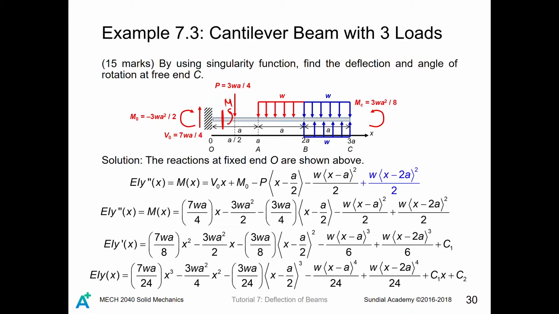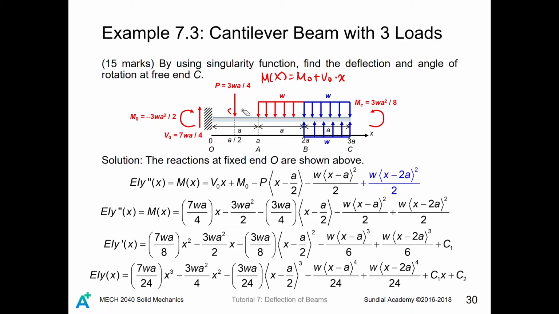The first thing is that we cancel out m0, so Mx equals m0. Also, there is a shear force v0 at the fixed end, which generates a moment of v0 times x, so we have to cancel it out as well. So we add v0 times x. This is the moment in the segment from 0 to a divided by 2.